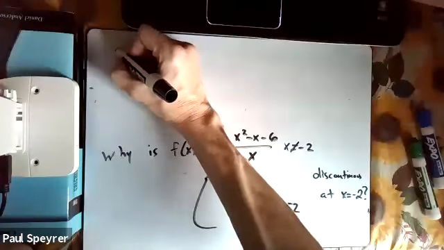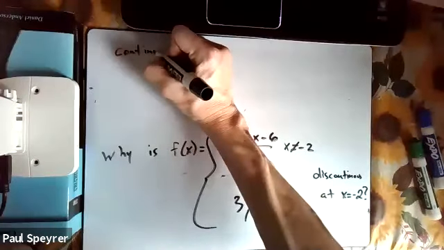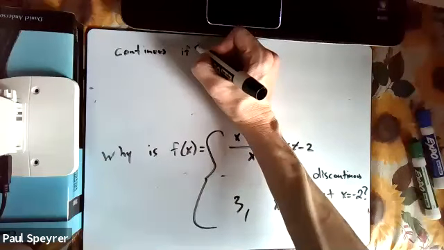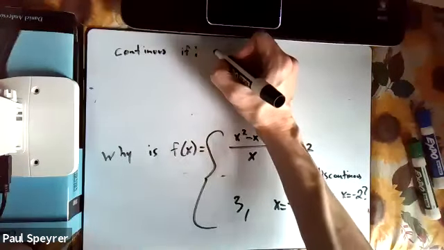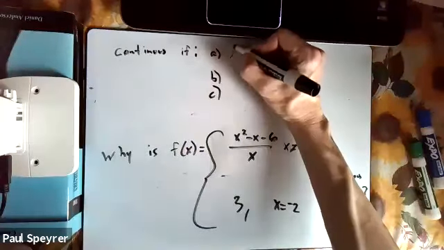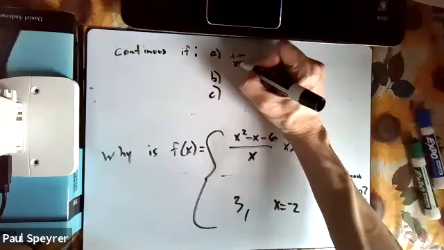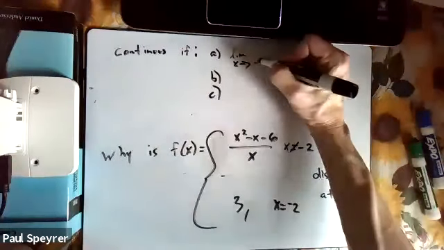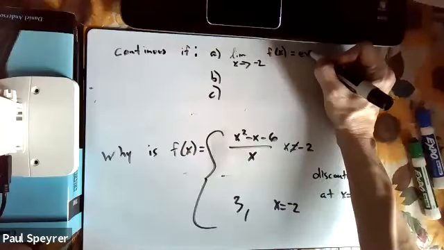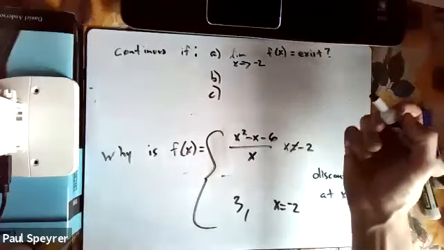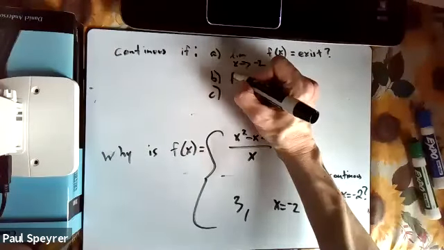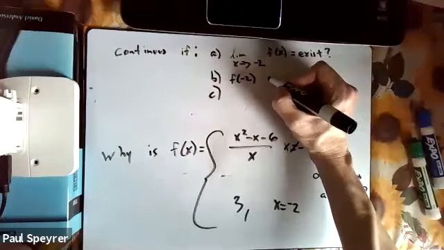So remember, something is continuous if, and remember there are 3 conditions, right? It was the limit as x approaches -2 of f of x exists. The next one was what? Is f of -2 defined?